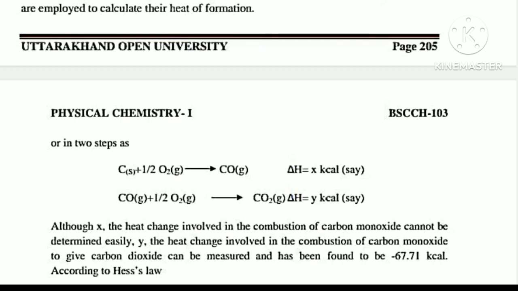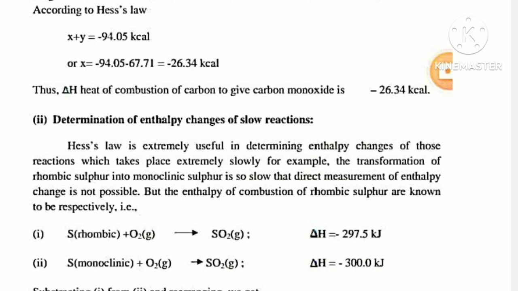According to Hess's law, X plus Y is equal to minus 94.05 kilocalorie, or X is equal to minus 94.05 minus 67.71 is equal to minus 26.34 kilocalorie. Thus, delta H, the heat of combustion of carbon to give carbon monoxide, is minus 26.34 kilocalorie.